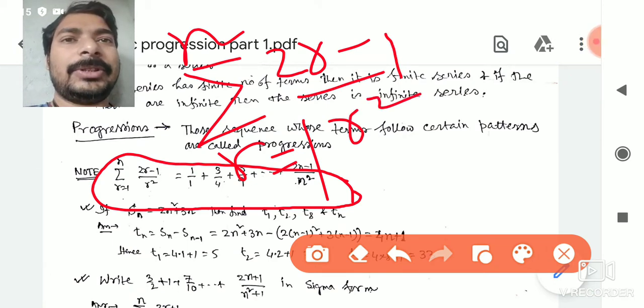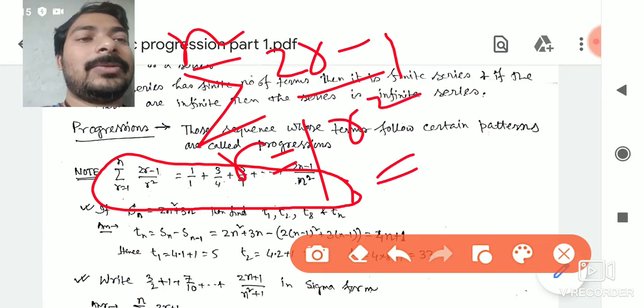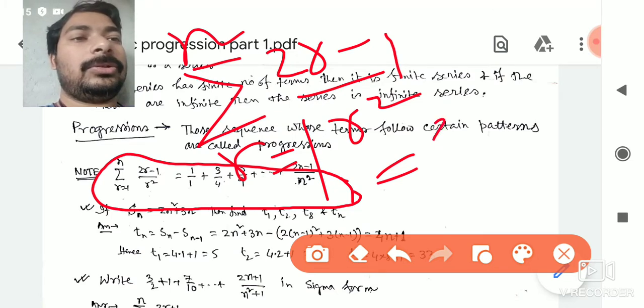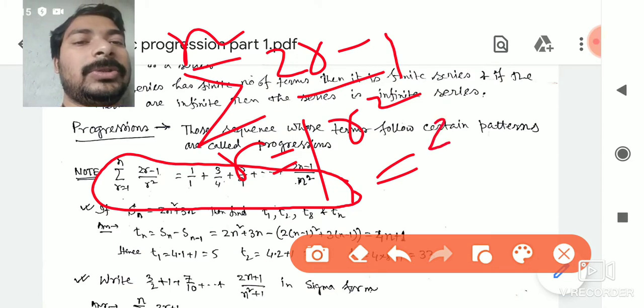Then it is actually the summation over this term from r equal to 1 to n. If I put r equal to 1, you will get 2 minus 1 by 1 square, that is actually 1.